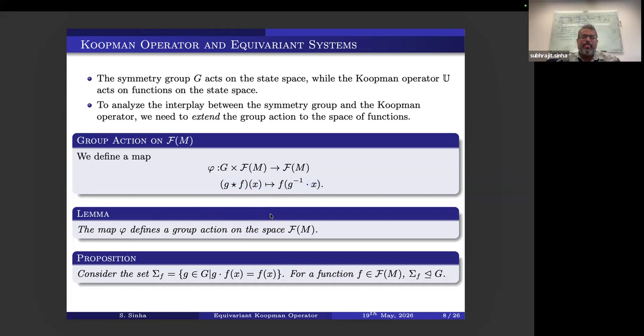What follows from this is the following: consider the set sigma f, the set of all group elements which fix the function f. Then you can show that for a function f, this isotropy set, the set which fixes f, forms a normal subgroup of the symmetry group G.